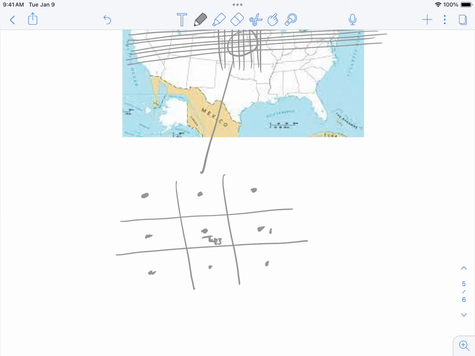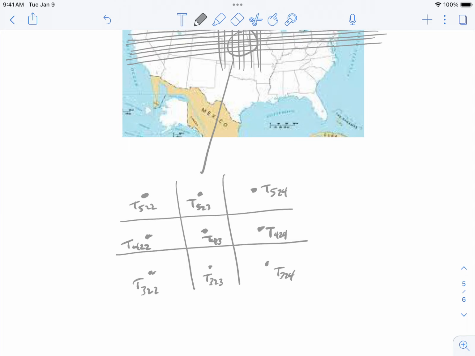This might be cell 424, so we'll call this temperature 424. This would be temperature 422. And maybe up here you got temperature 523, and down here temperature 323. So this is 324, and this is 524, and this is 522, and this is 322, and so on.